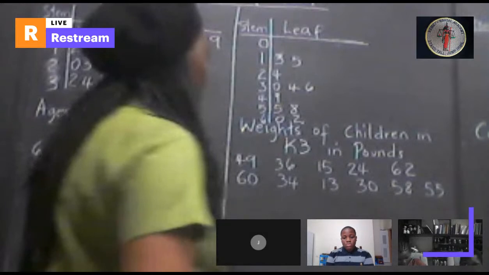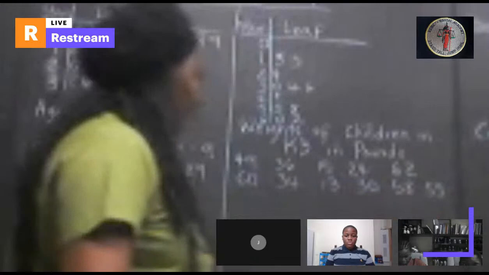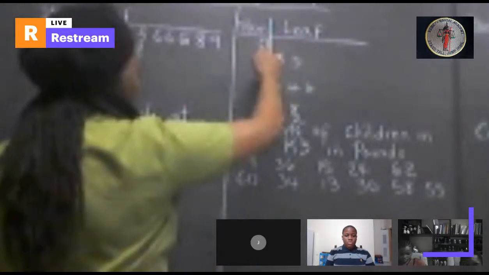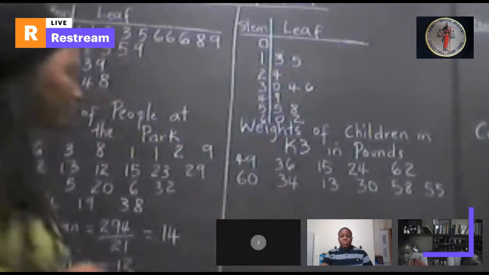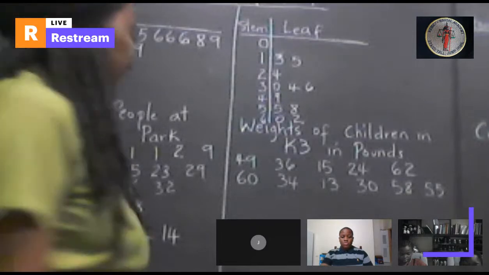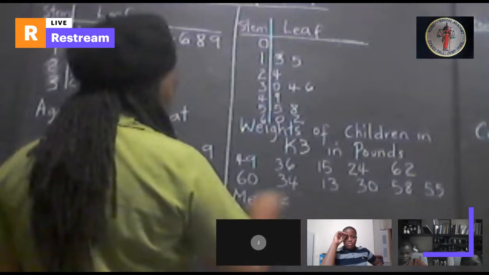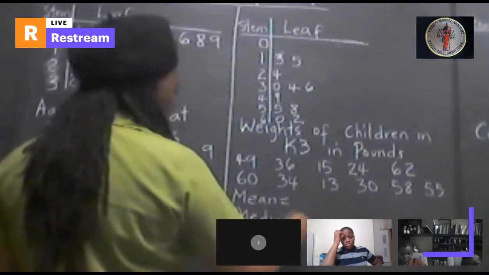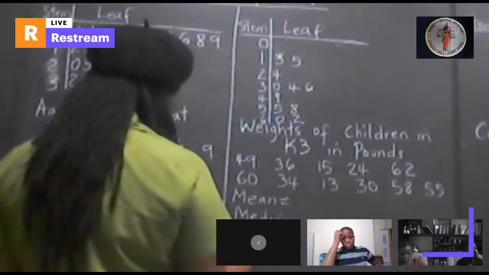I'm supposed to have 11 numbers. 1, 2, 3, 4, 5, 6, 7, 8, 9, 10, 11 numbers. All right, so let's find our mean, median, mode, and range.